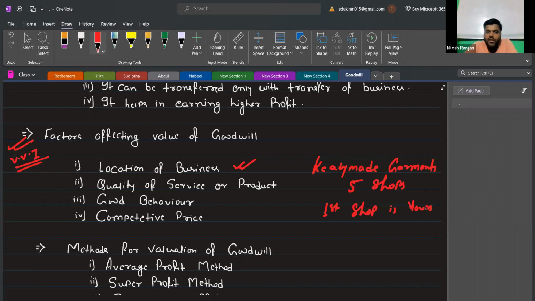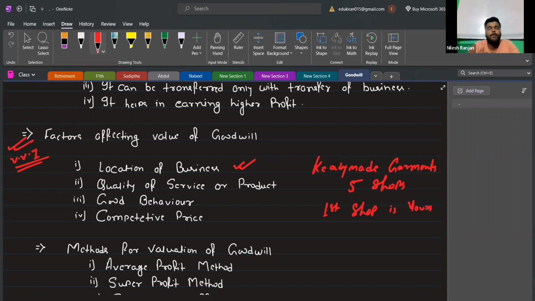The second point is quality of service or product. If in the market someone is selling good products, then the customer will ignore some price variations. If there is a little bit of price variation, the customer will ignore it for a good quality product. Yes or no? Yes, sir.